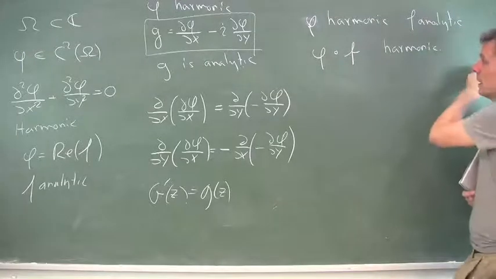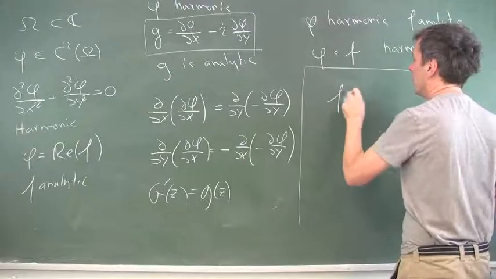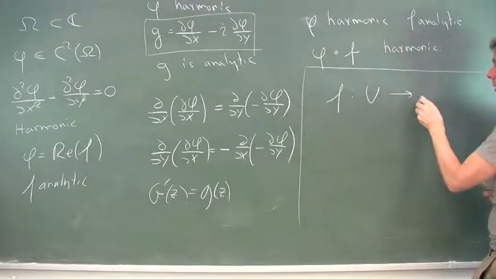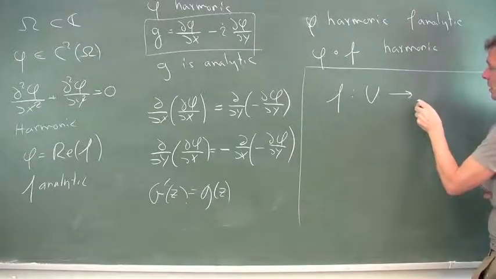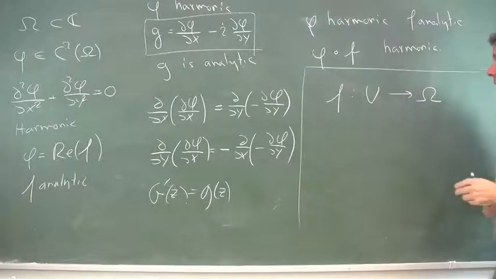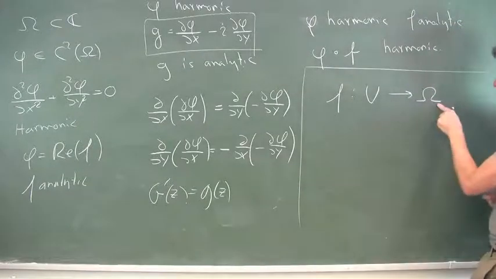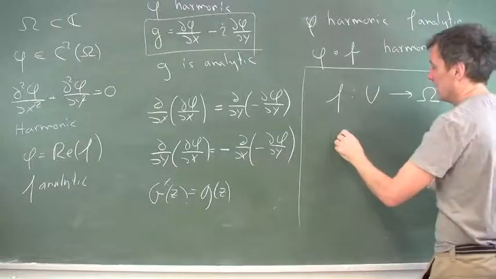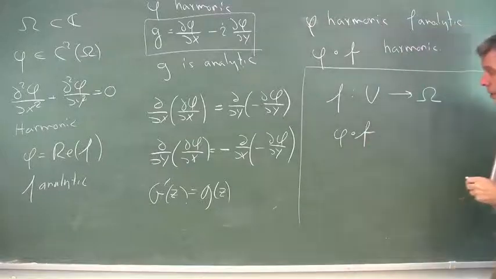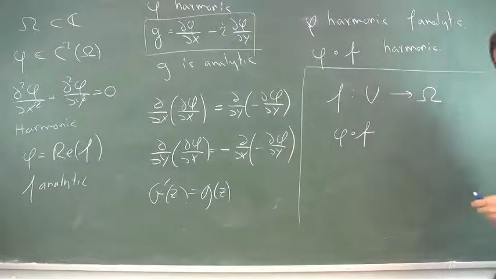So in particular, this means that if you have a map f from, say, the unit disk onto some domain omega, so say you have a conformal equivalence here, then whenever you have a harmonic function phi on omega, the composition here will be harmonic in U, in the unit disk.